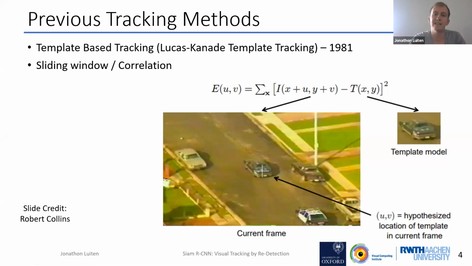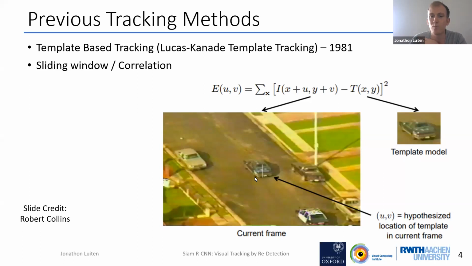So take this template, compare it to different patches in an image, and see how the intensity, the image pixel colors, of the patch compares to the template. When you do that, hopefully, if everything's easy, it compares highest where the actual object is, and you get tracking. This was how these things worked back in the 80s.